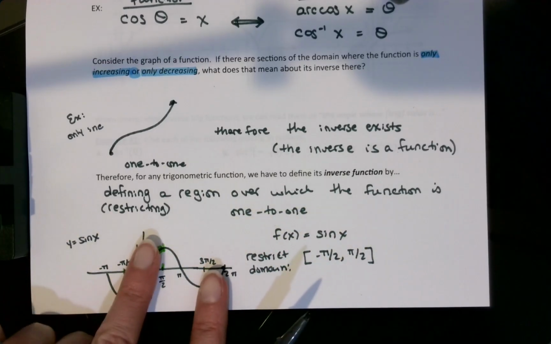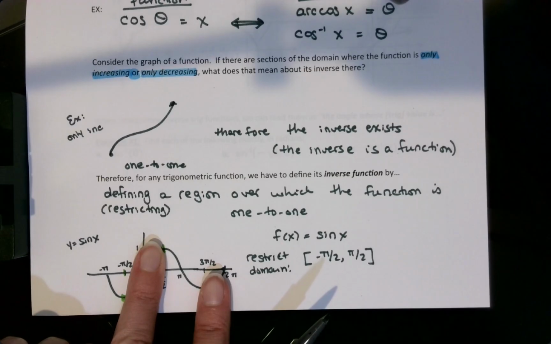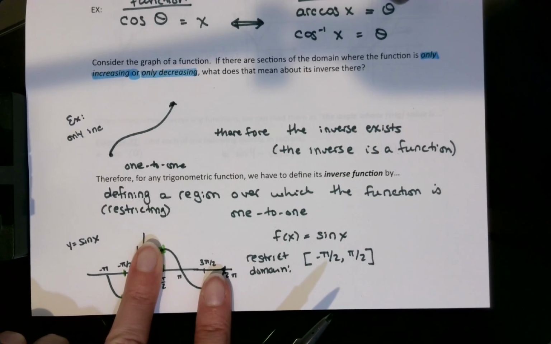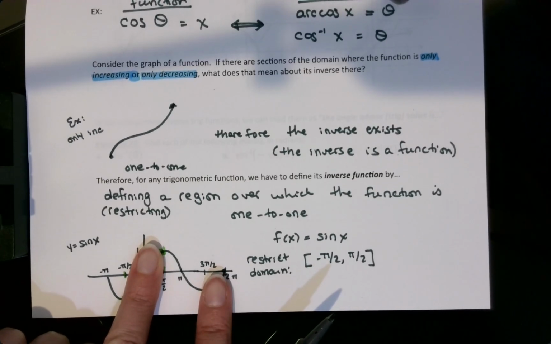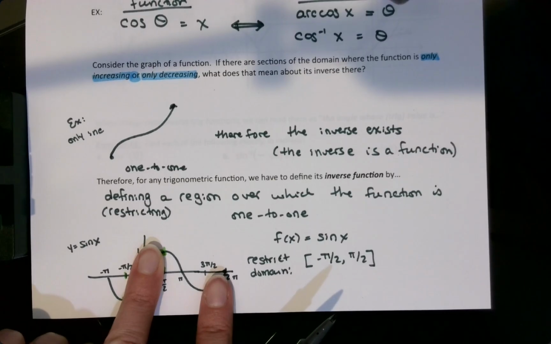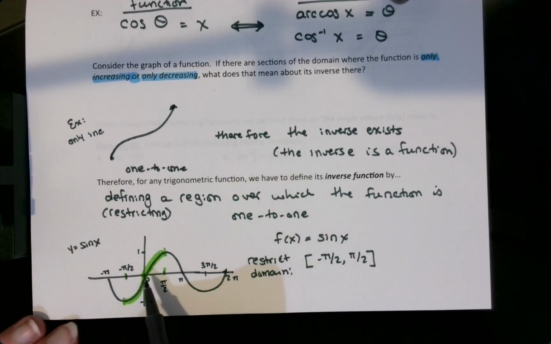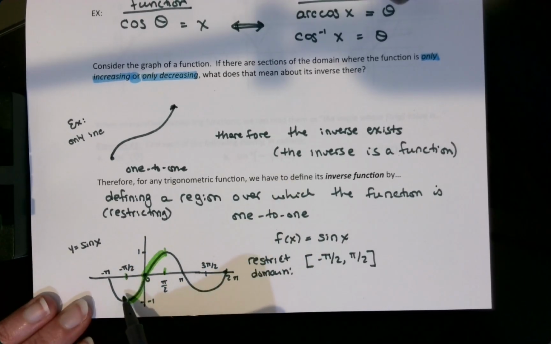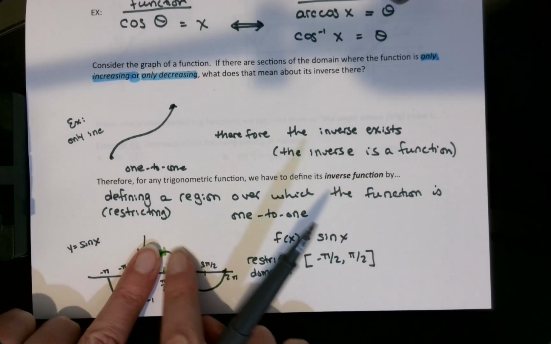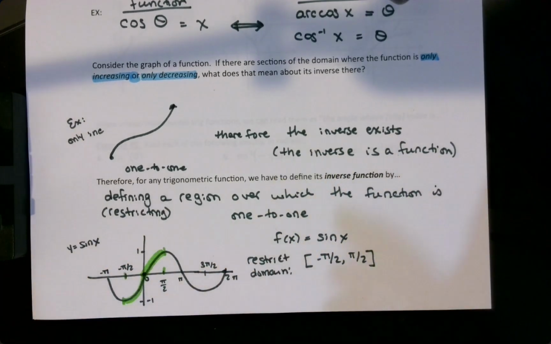Now, you could choose an area where it's strictly decreasing, and you could have said from pi halves to 3 pi halves. We will typically choose whatever region gets us closest to the origin, which is the reason for choosing this area instead of this area or this area. There are, of course, many intervals where we could break sine. We're going to choose the one closest to the origin.